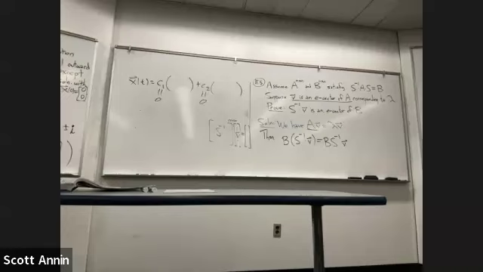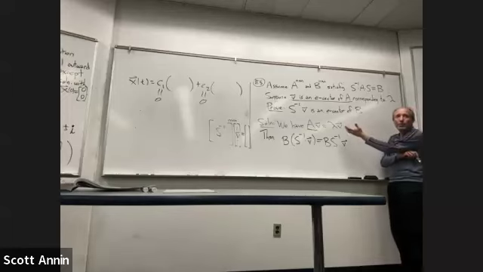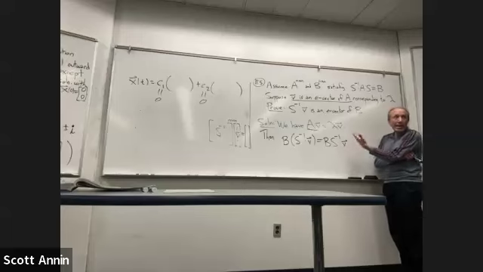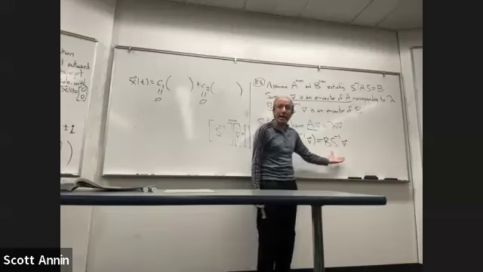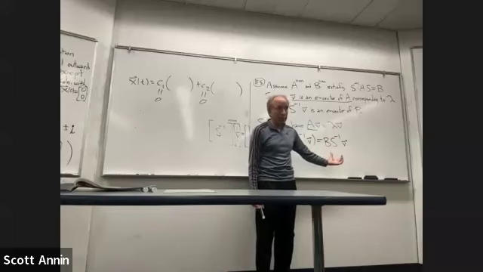Now, can I do anything with that whatsoever? At some point, I want to use the blue part. But I can't really use the blue part if I don't see an A anywhere in this equation. Right here, I don't have an A in front of me at this moment.